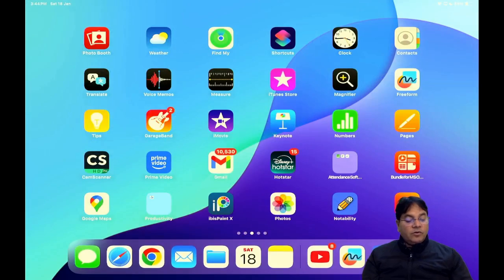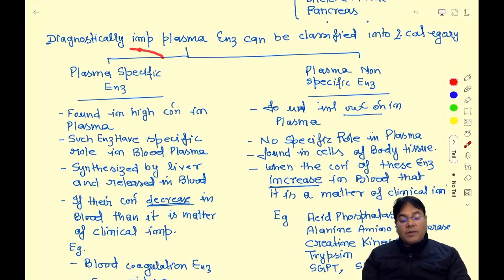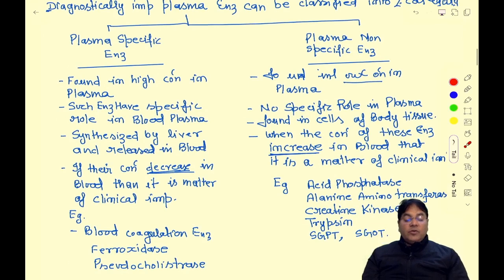Now let us move to our original sheet. As I told you, there are two different types of plasma enzymes, plasma specific enzymes and plasma non-specific enzymes. Specific enzymes are the enzymes which are present in high concentration in the blood plasma. These enzymes have specific roles in the blood plasma, so their decreased concentration is indicative of clinical importance.